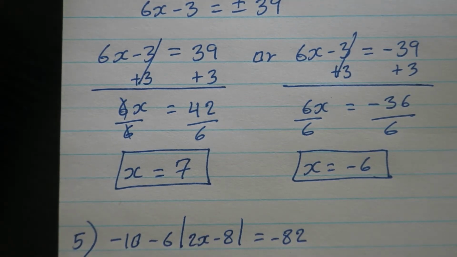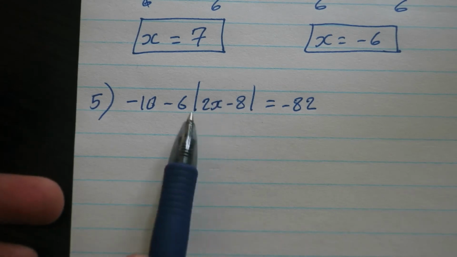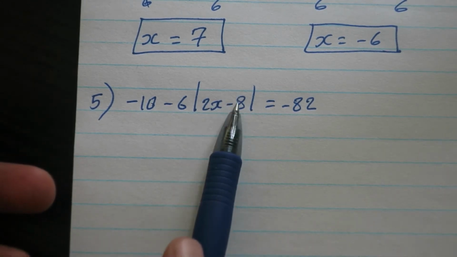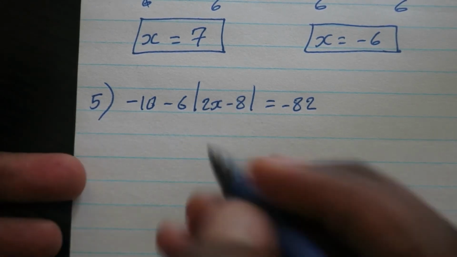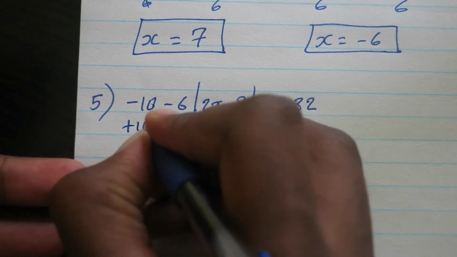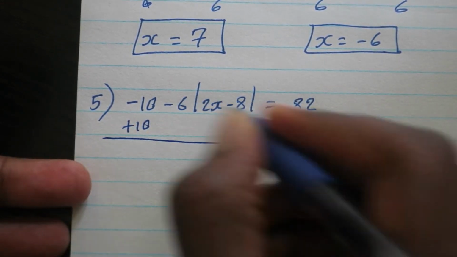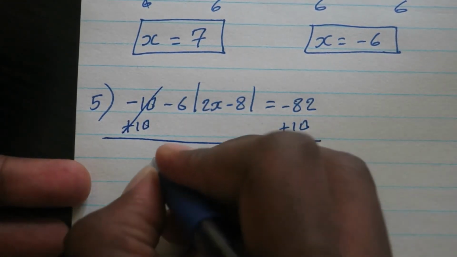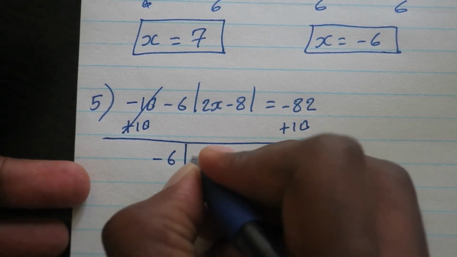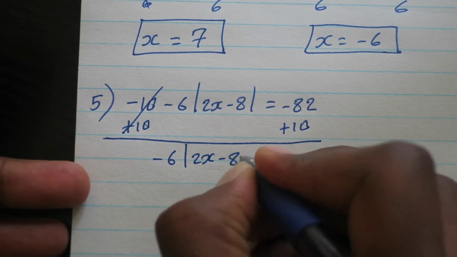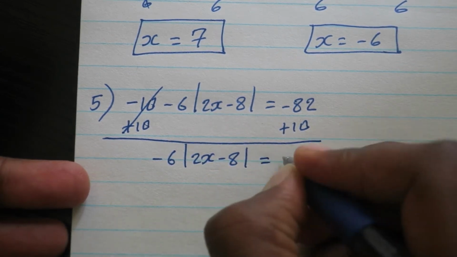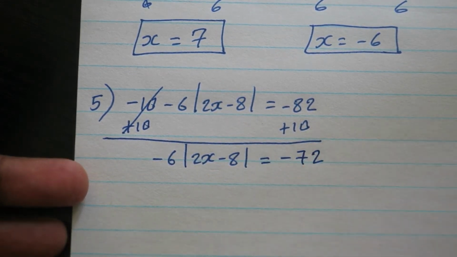Well, we're going to have to try to isolate this absolute value part first. So meaning get rid of the negative 10 first by doing plus 10 to both sides. And then we're left with negative 6 absolute value of 2x minus 8 equals negative 72.